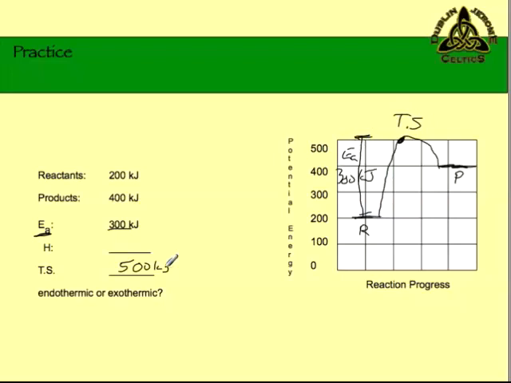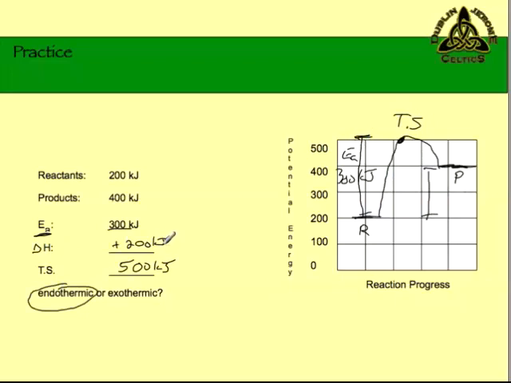That has a lot of energy. And my delta H value is products to reactants. And I'm just looking at the y-axis here. What's the difference going up or down? It's going from 200 to 400. So my delta H is positive 200 kilojoules. Which means positive, it is endothermic, and this reaction is absorbing energy.